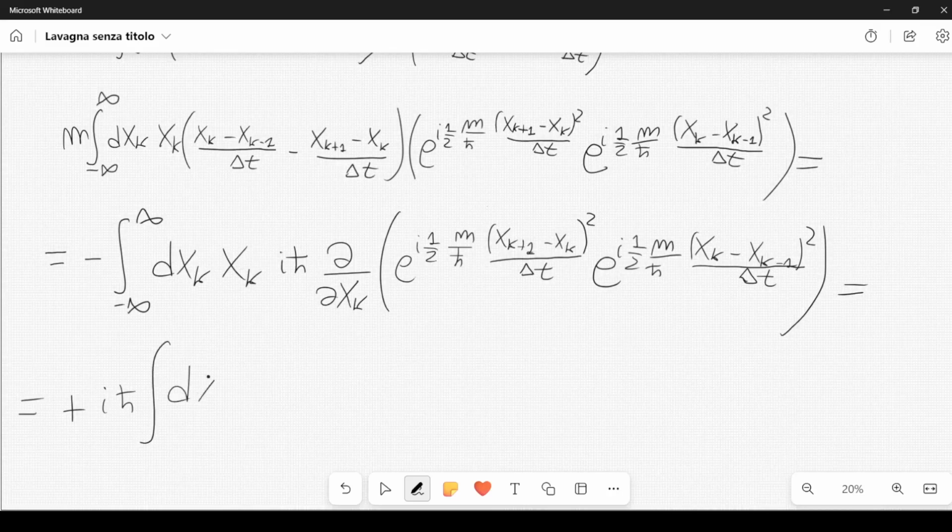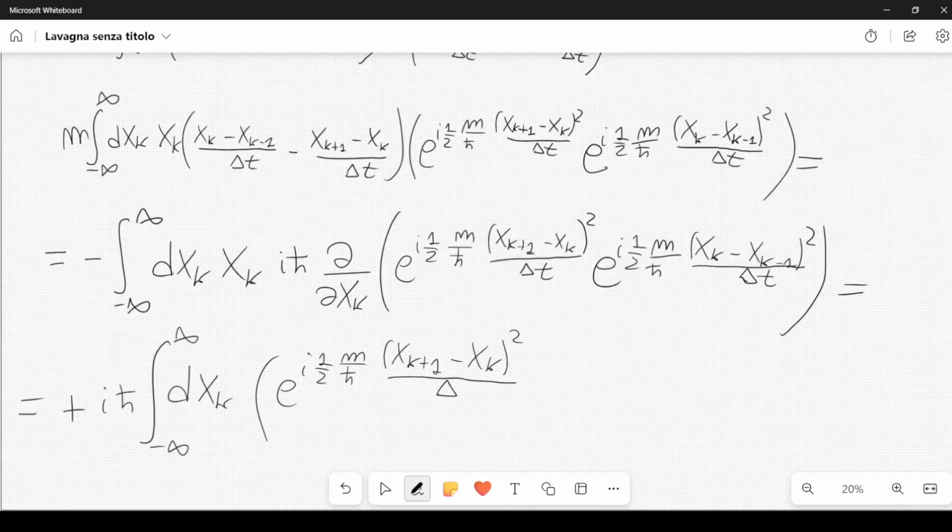So we have dx_k, integral from minus infinity to plus infinity, and then we have e to the i (1/2) m over h bar (x_{k+1} minus x_k) squared divided by delta t, e to the i (1/2) m over h bar (x_k minus x_{k-1}) squared divided by delta t, like this.